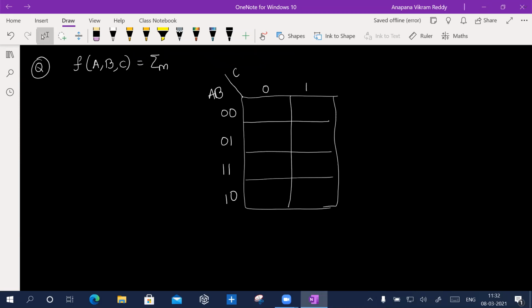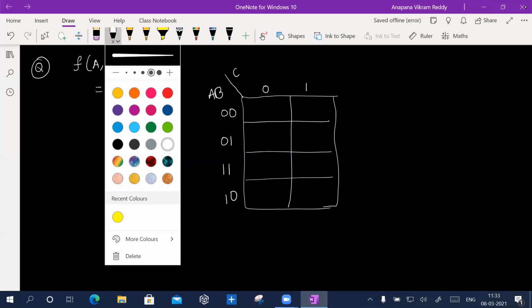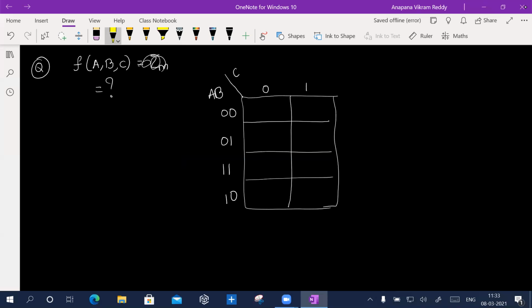And I'm just asking you what is my F here. So given a K-map to you. Sometimes you may be given direct K-maps like this and they'll ask you what is that F. So in the problem it is given like this. One don't care is here, you have 3 ones, and you have one don't care here, okay?